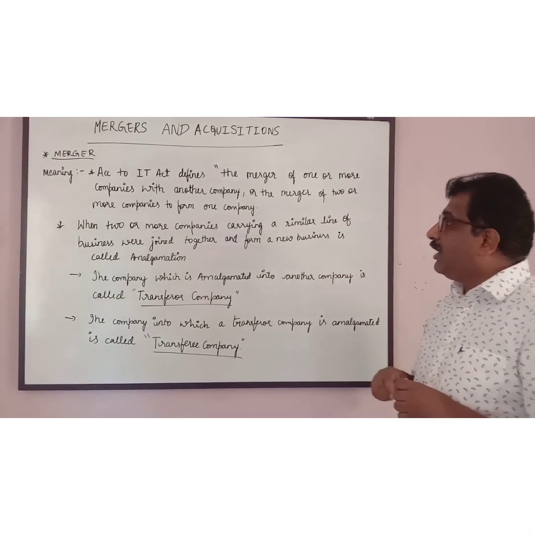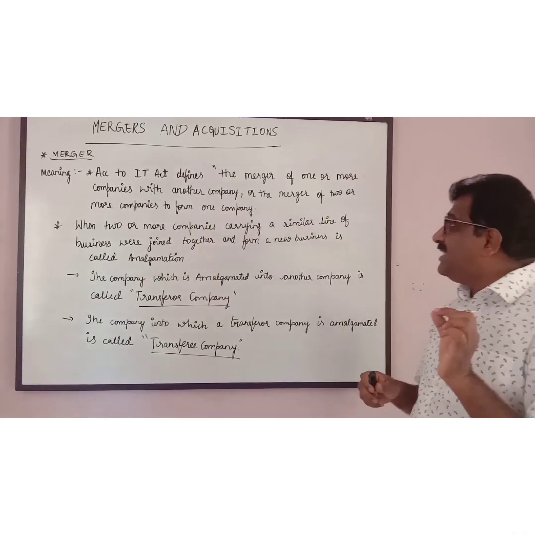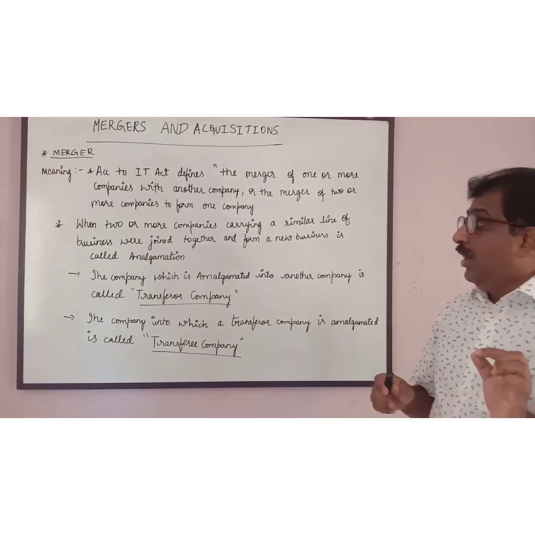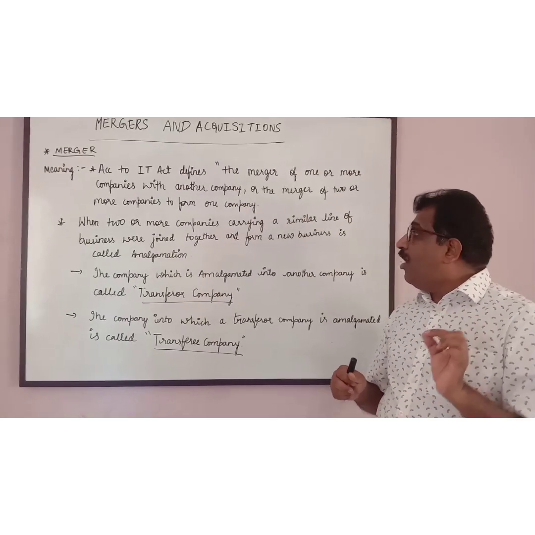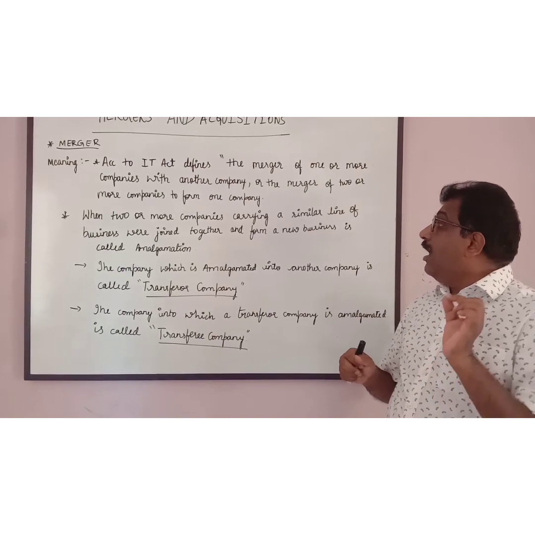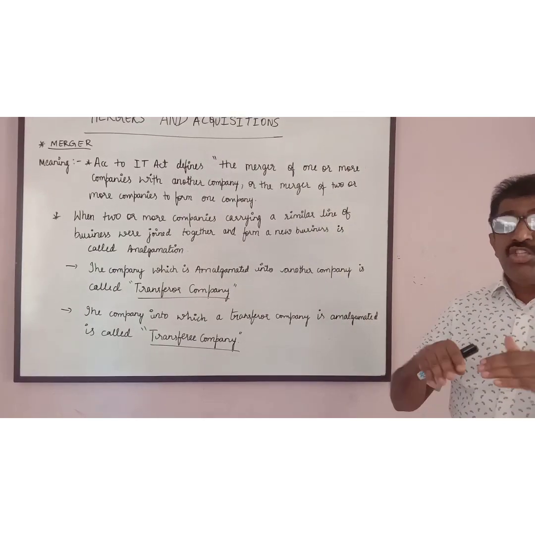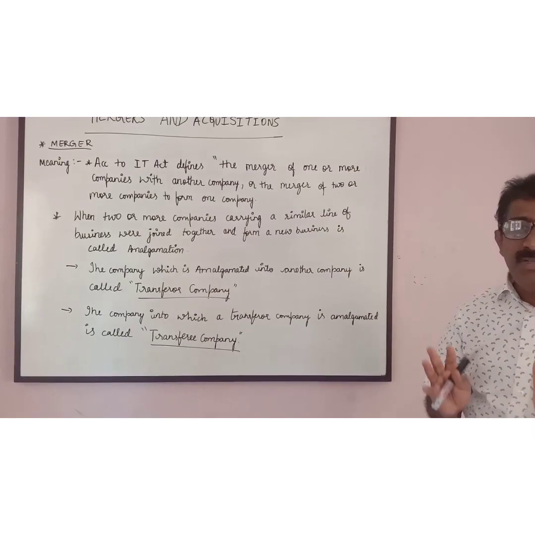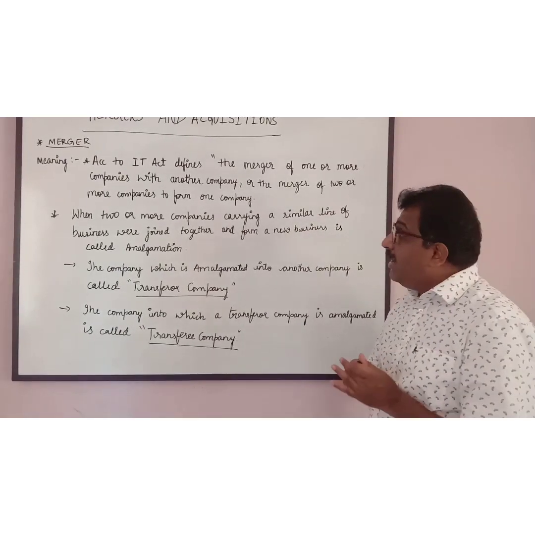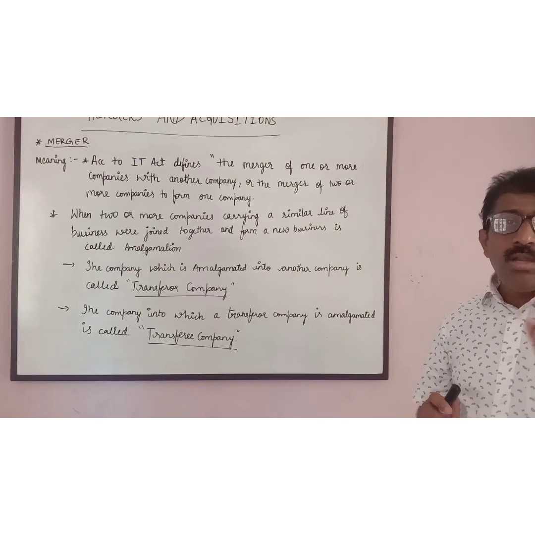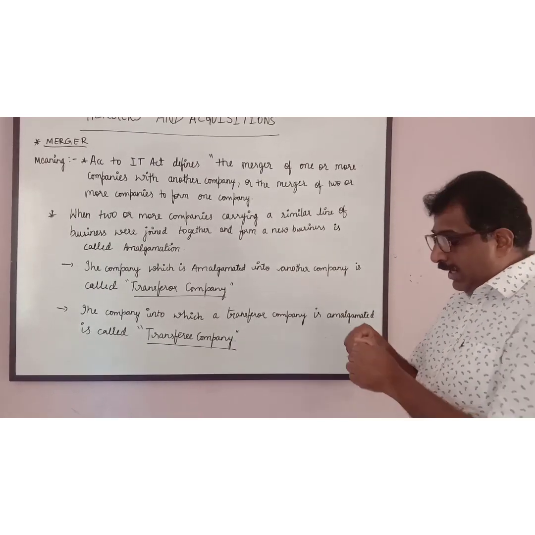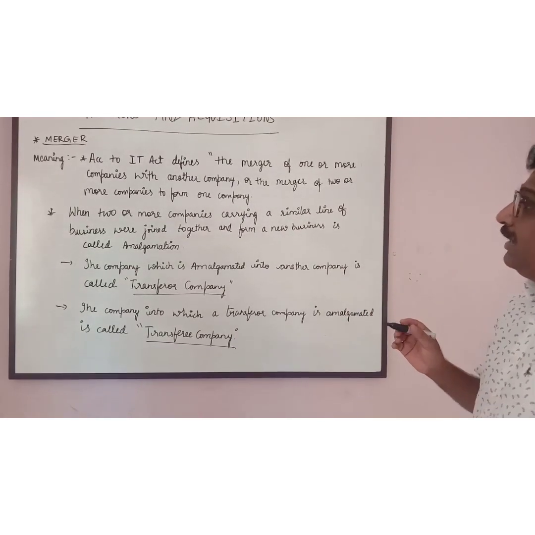When 2 or more companies carrying a similar line of business join together and form a new company or new business, it is called amalgamation. Amalgamation and mergers are quite similar in nature. Let me cut this definition and explain clearly.